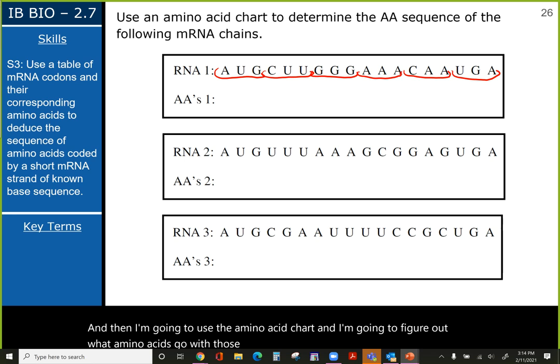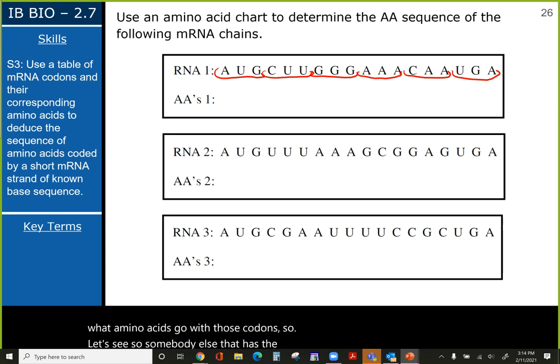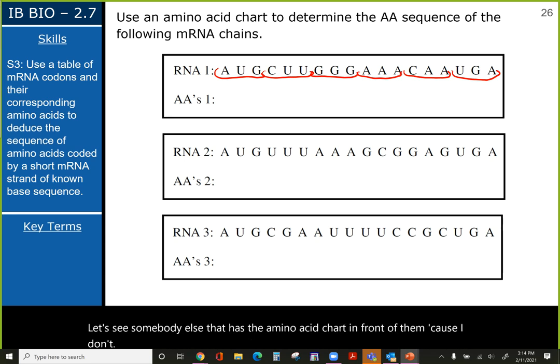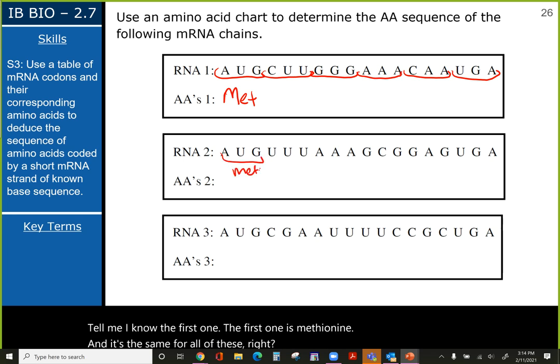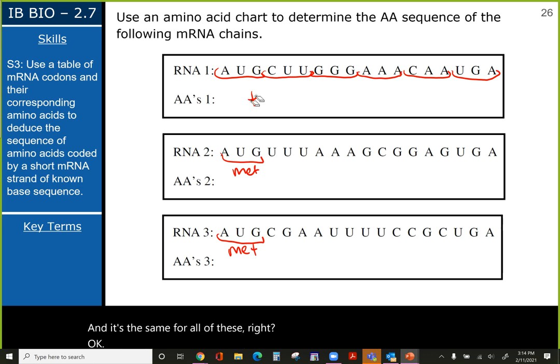So let's see. Somebody else that has the amino acid chart in front of them, because I don't, tell me. Well, I know the first one. The first one is methionine. And it's the same for all of these, right? Okay. Actually, the answer is going to pop up underneath, so why don't I put my answer up here?